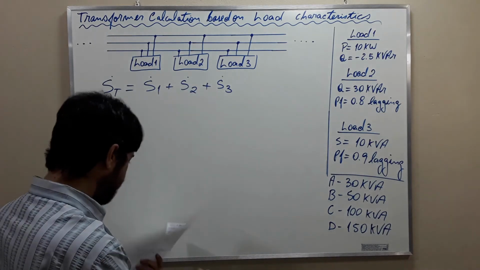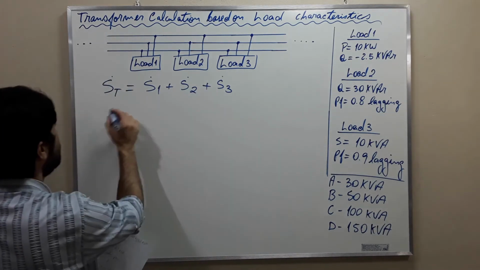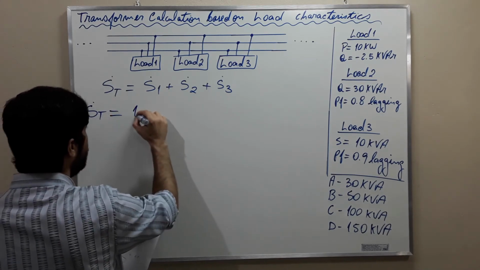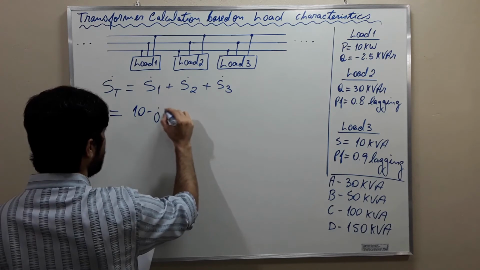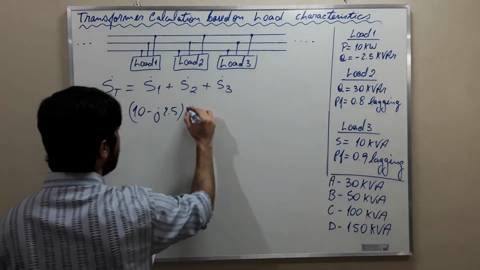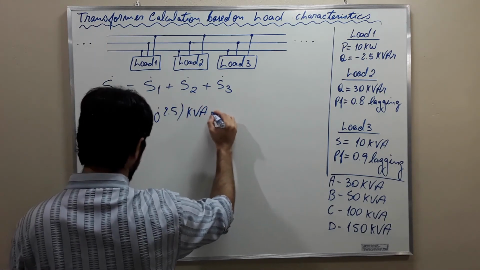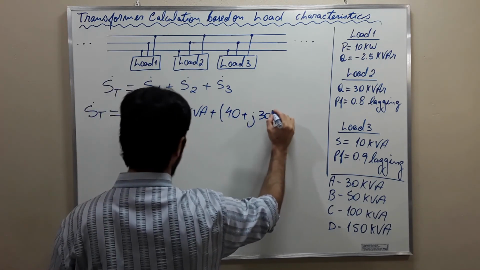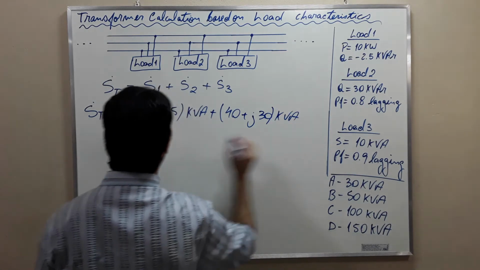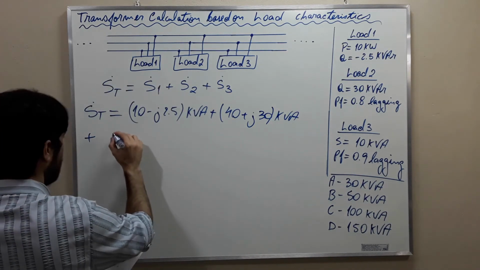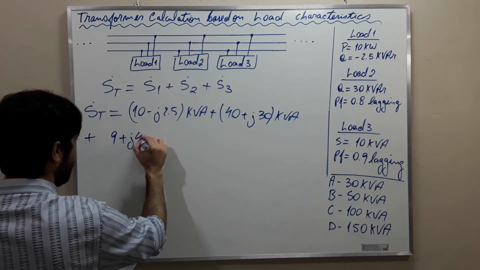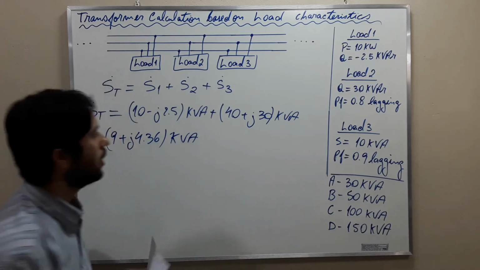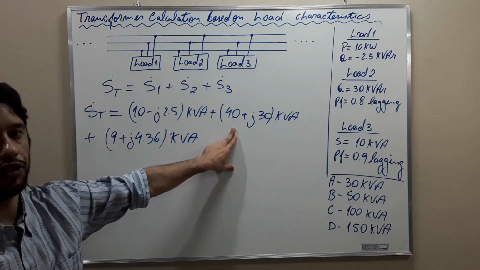Okay, now the power of the transformer will be 10 minus j2.5 kVA plus 40 plus j30 kVA plus 9 plus j4.36 kVA. Here it is in the Cartesian form.